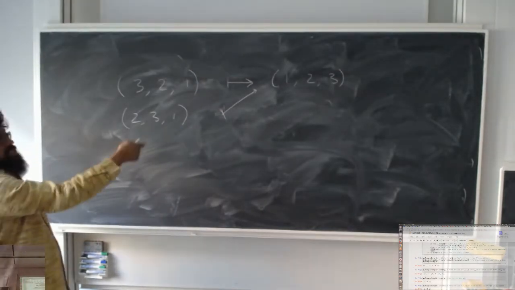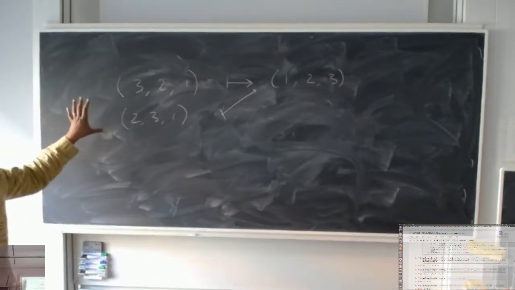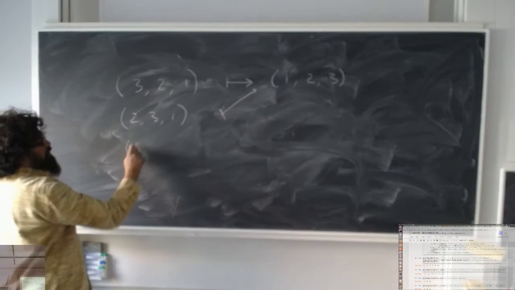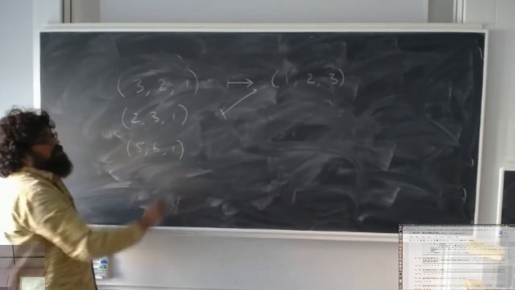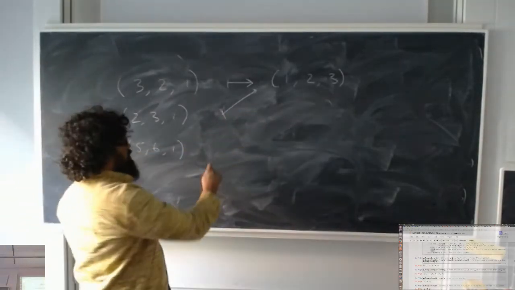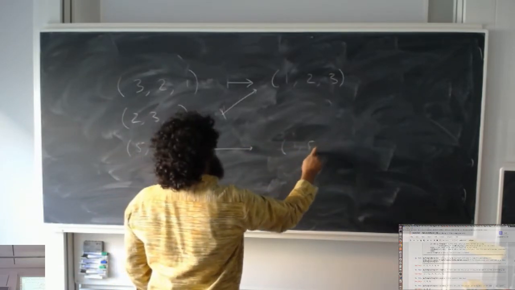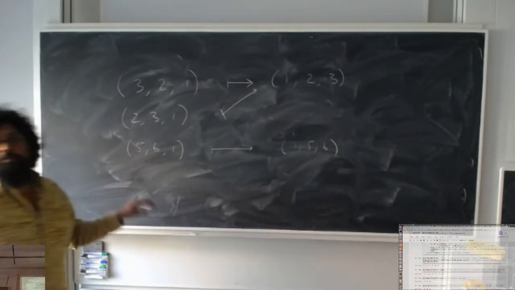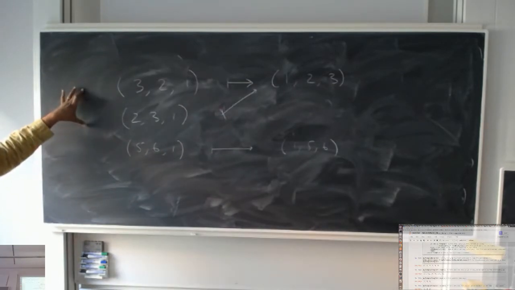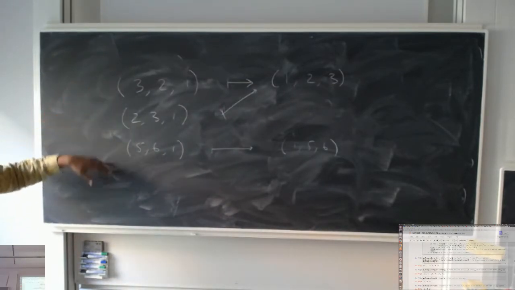Let's say this is the rolling the die example. Let's say I have 5, 6, and 1. This won't go there; this will go to, what is it, 1, 5, 6. So I'm rolling a 6-sided die 3 times. That's my experiment.